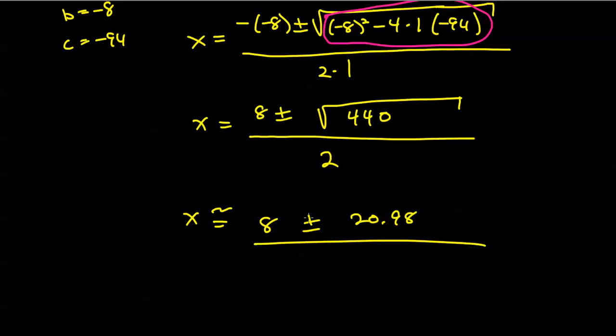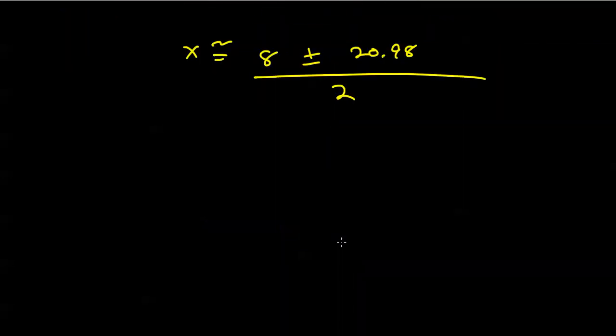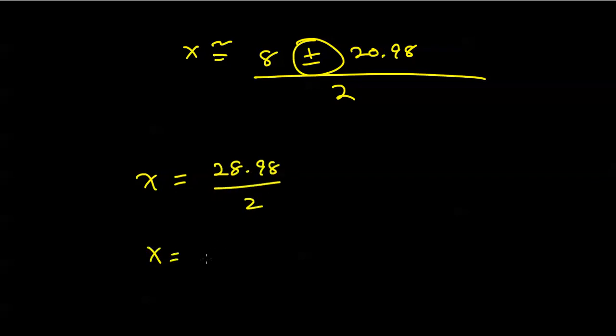So 8 plus or minus 20.98 over 2. And the worst is over. I'll have a plus and a minus option here, of course. If I add 8 to 20.98, I get 28.98 over 2, which is 14.49 in inches.